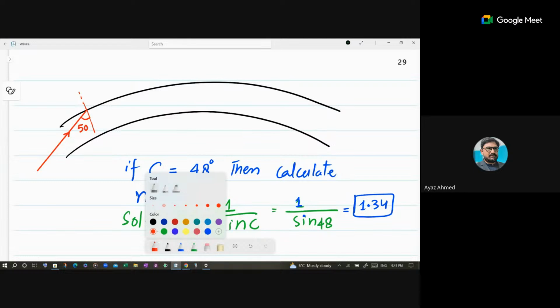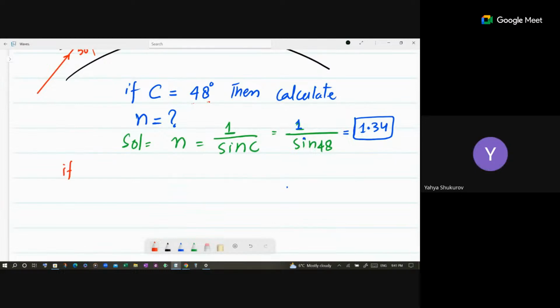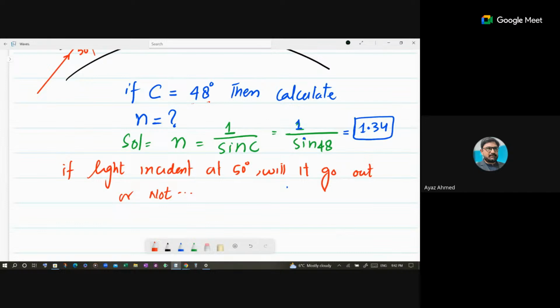My question is, if the laser light is incident at 50 degree, will it go out or not? C is the critical angle, which is 48 degree.